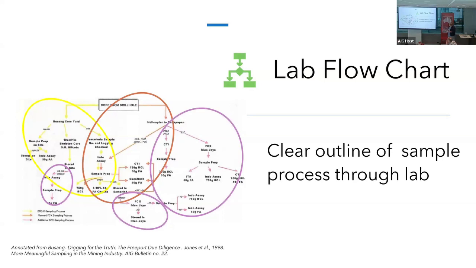And the pink outlines the more detailed due diligence as Freeport's program progressed. That included flying 2 holes to New Orleans and 1 hole to Irian before submitting to the usual labs. You can see the multiple sampling and assaying media, locations and methods used to cross-check the process.